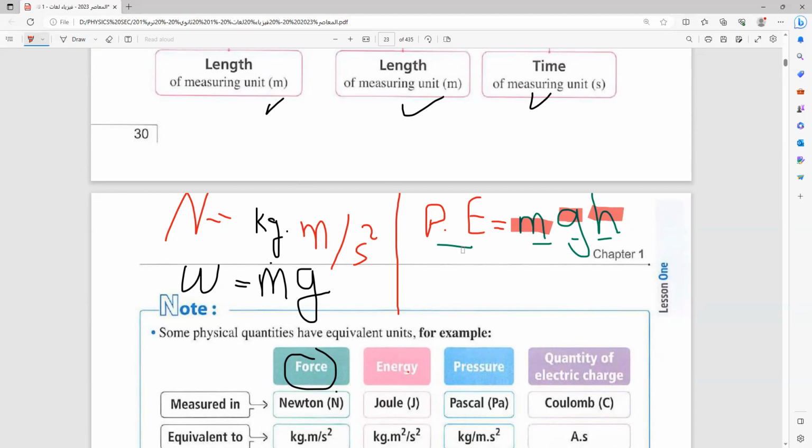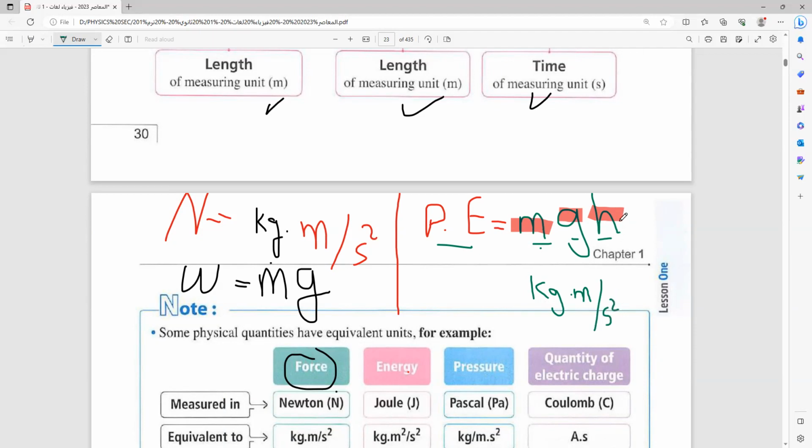Again, potential energy or kinetic energy or any form of energy is measured by Joule, equal to weight times height, mgh. Mass is measured by kilogram. Gravity acceleration is measured by meter per second squared.